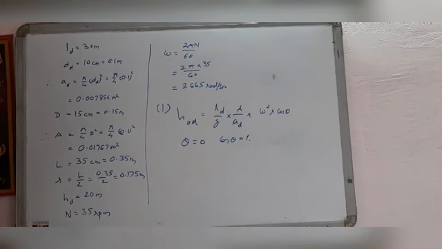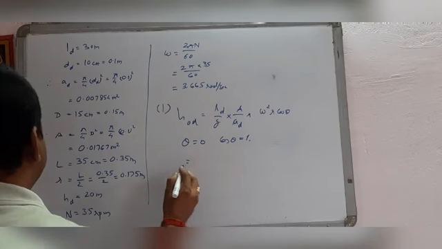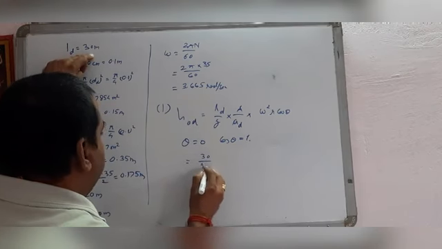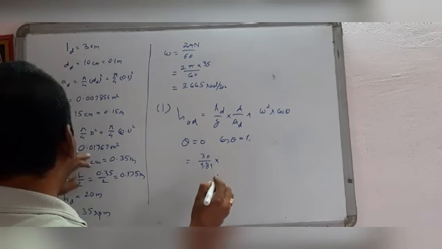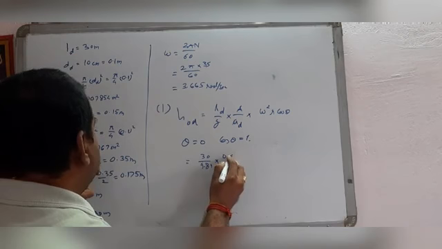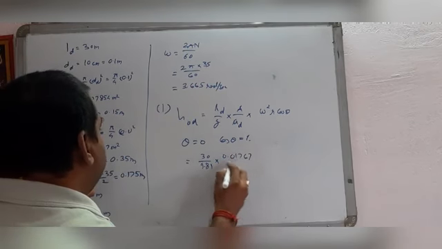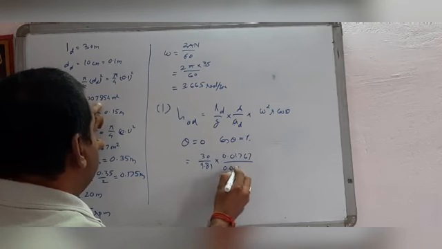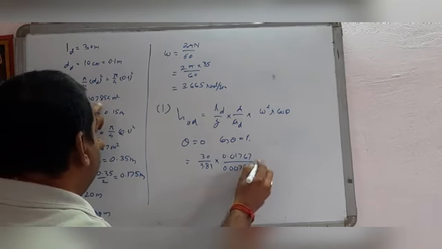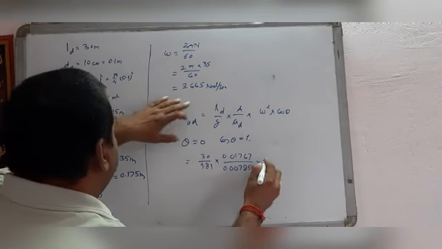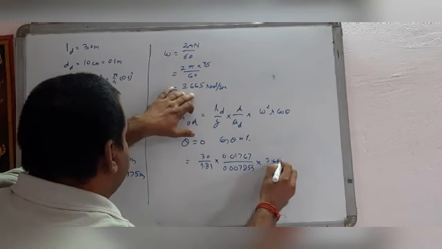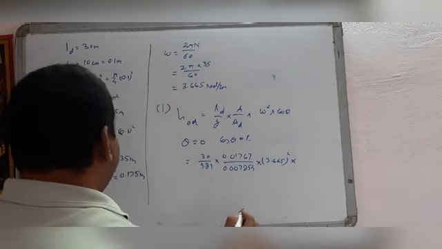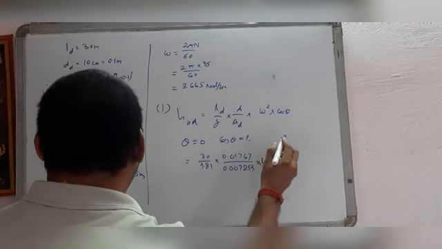So the pressure head, putting the values, this LD is 30 by 9.81 into area A is 0.01767 by this area AD is 0.00784 into omega square, that is 3.665 square, into R, omega square R cos theta.